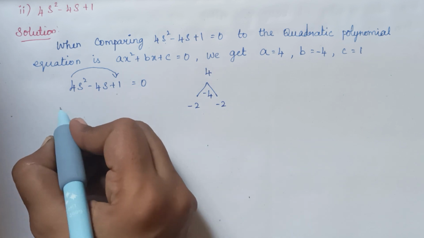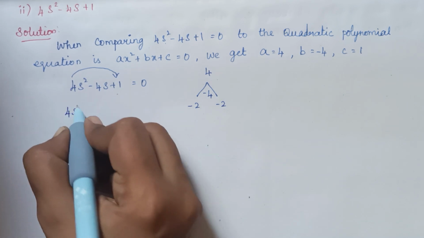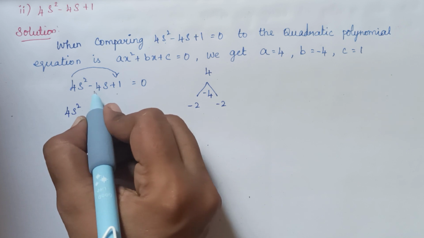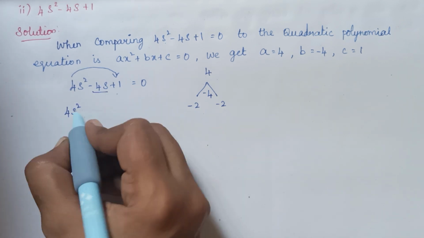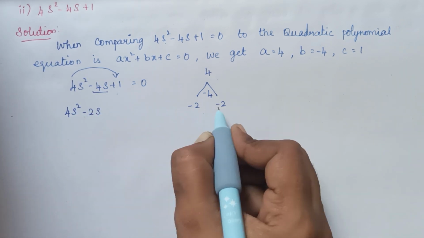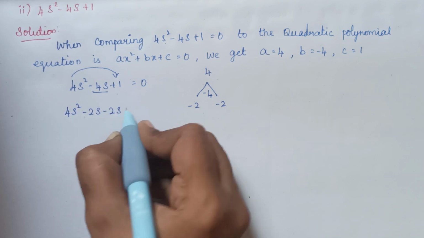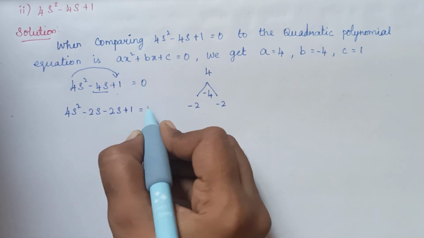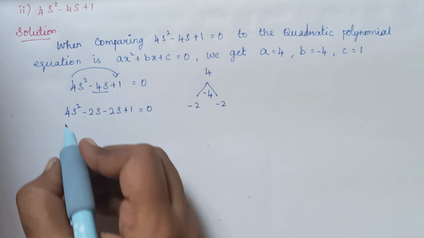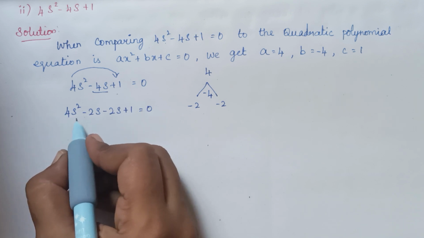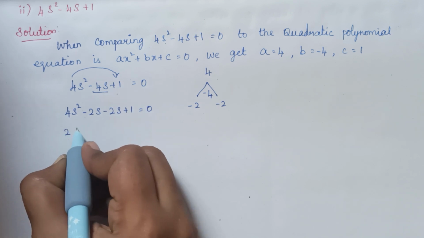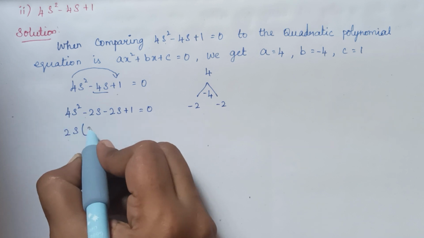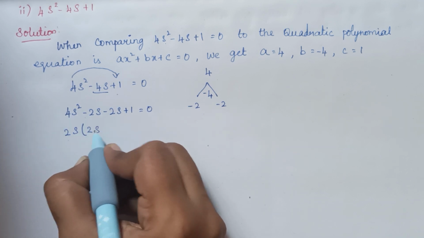So now you can write 4s square, and instead of minus 4s, you can write minus 2s minus 2s plus 1 is equal to 0. Now take 2s as a common factor. So the remaining 2 will be there, next one more s will be there.